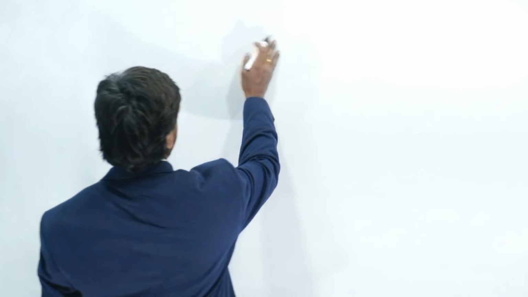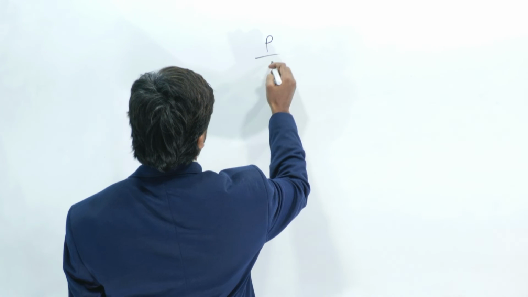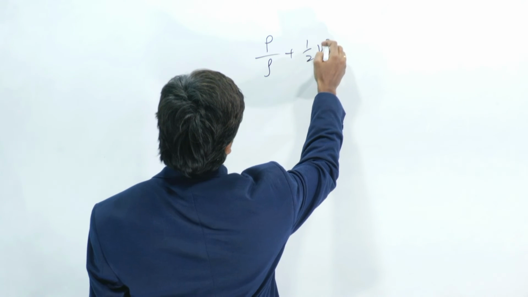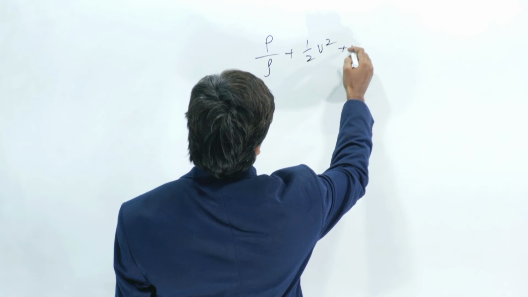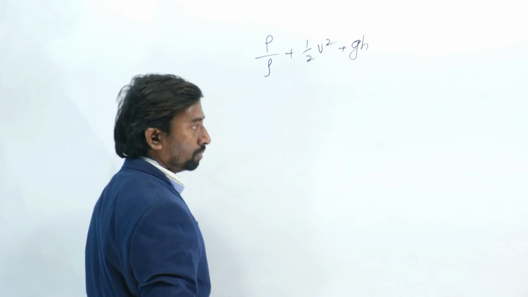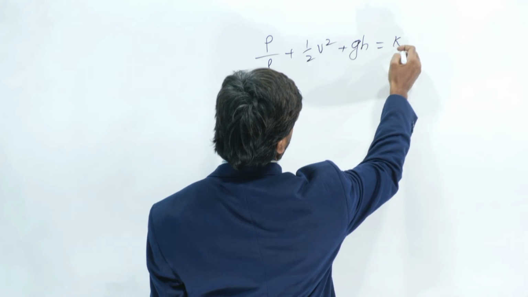So Bernoulli's equation, we know Bernoulli's theorem: the sum of the pressure energy plus kinetic energy plus potential energy per unit mass is equal to a constant.